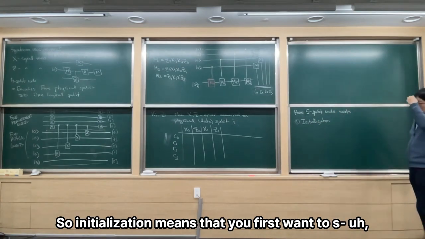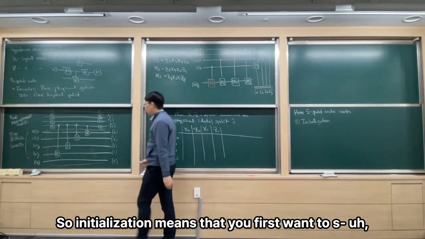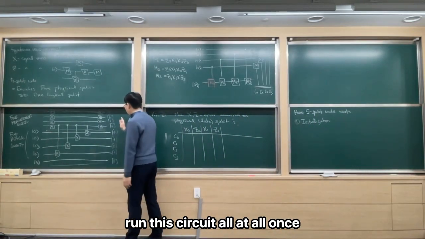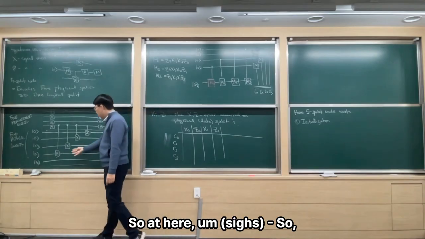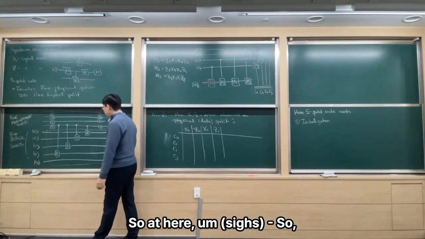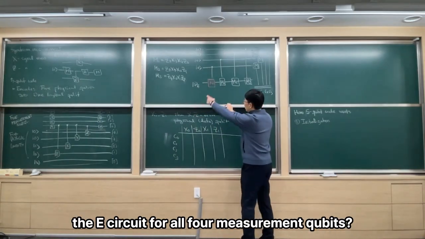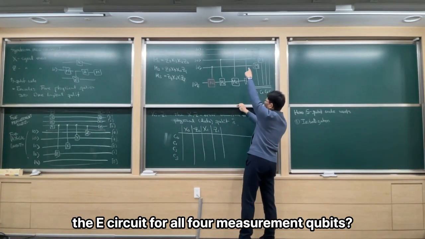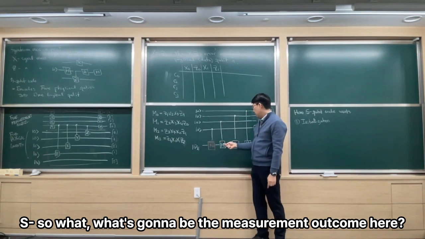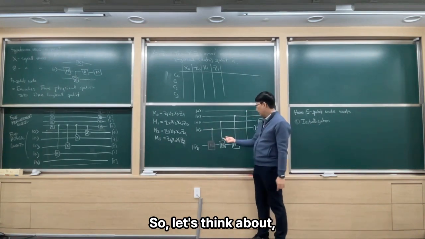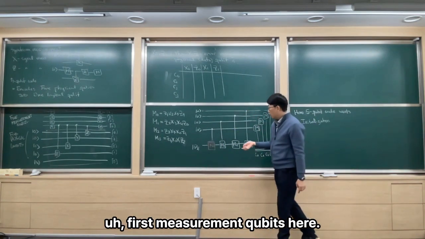Initialization means that you first run this circuit once, and then take a measurement. So what happens when you run this circuit for all 4 measurement qubits? What's going to be the measurement outcome here? Let's think about the first measurement qubit.